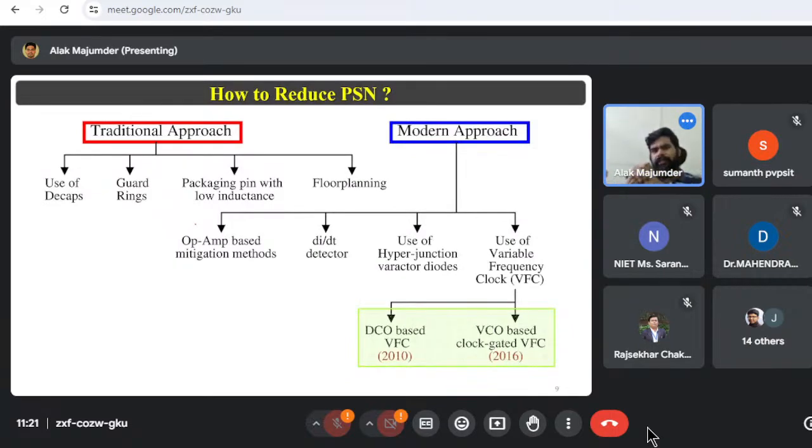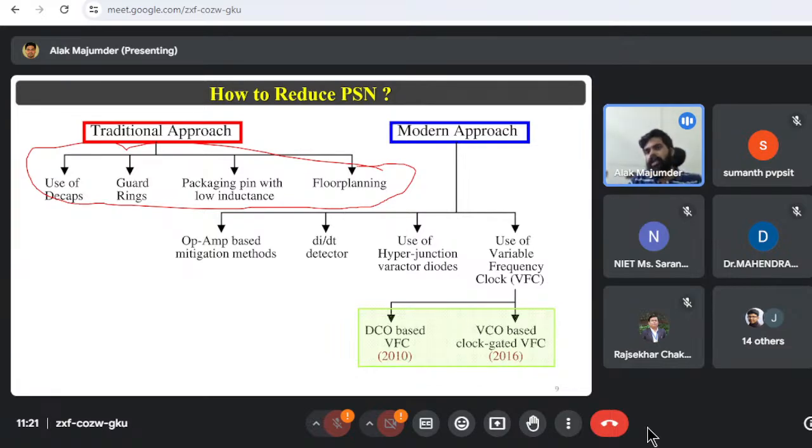Now the point is, in terms of the reduction of PSN, what are the methods available? The traditional approaches which I have segregated are all done by the persons who deal with packaging, right? We as engineers hardly can do anything over here.